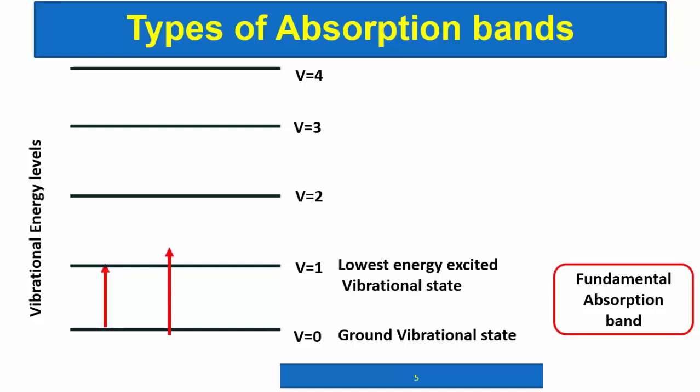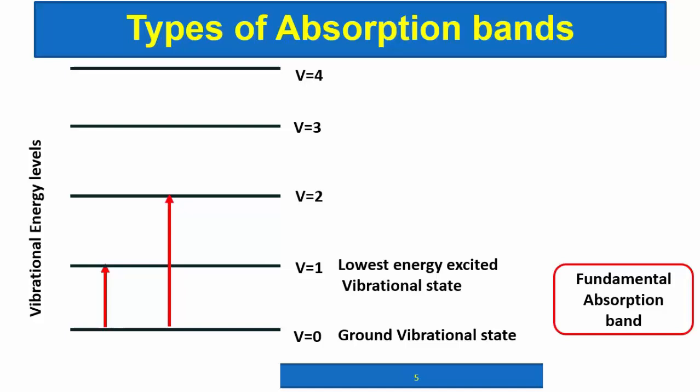If the transition occurs from nu 0 to nu 2, earlier I told you that these vibrational levels are quantized. So if some frequency is required to cause transition from nu 0 to nu 1, then almost double frequency is required to cause transition from nu 0 to nu 2.